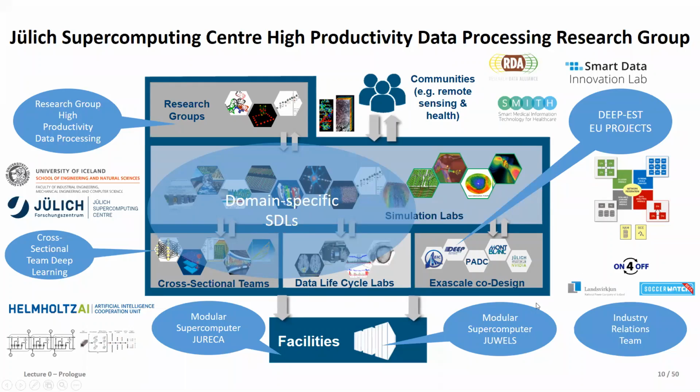We will see that in one way or another, the facilities, the modular supercomputers, and we will talk about modular, are something we will use in the course. We also do this in research in the DEEP-EST EU project, where we explore what a modular supercomputer might be. We also have several industry-related projects we will talk about.